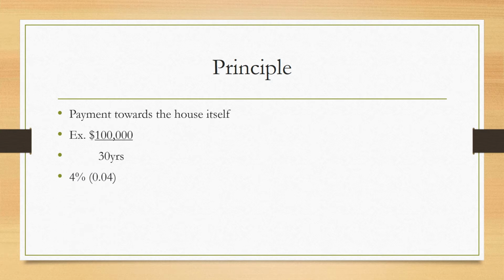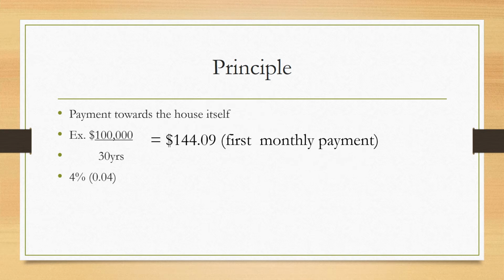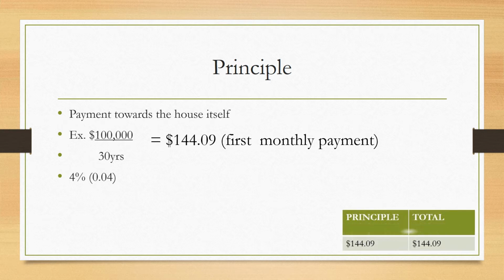When we put those numbers into our wealth snatching formula, the amortization schedule, we'll find that our first payment going towards the principal, actually paying off the house, would only total $144.09. So if you follow along the bottom here, you'll see the grand total is $144.09 for this month.